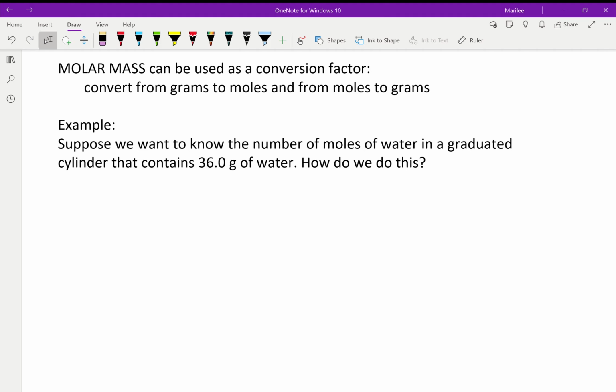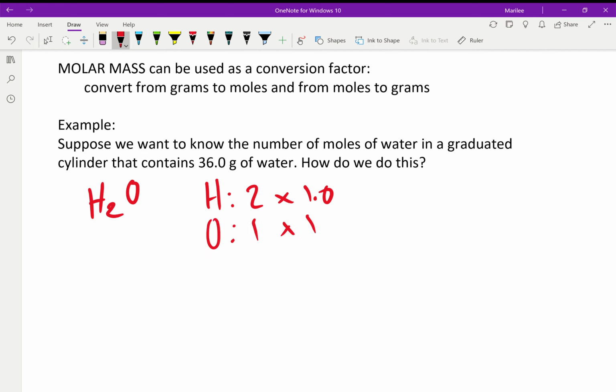So in this example, we have 36.0 grams of water. Water is H2O. You guys know that, right? So we have 2 hydrogen times 1.0, and we have 1 oxygen times 16.0.